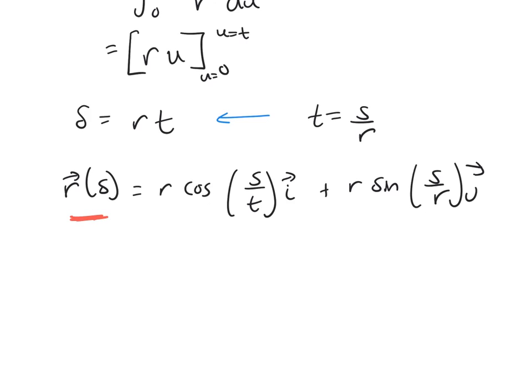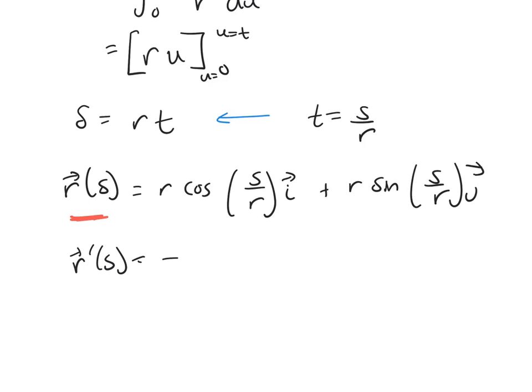So now I need to find my unit tangent vector T. So you're going to have to take the derivative here. r prime of s is minus, that should say an r there, sorry, r sine of s over r.